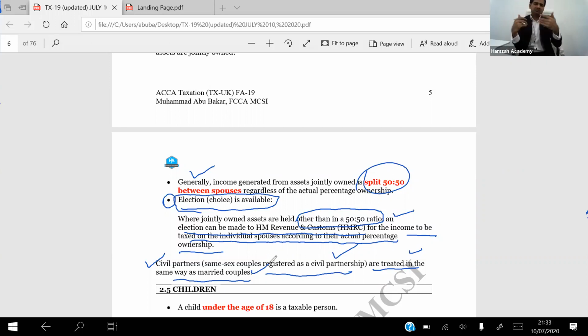They will tell HMRC, no, actually it's 70% mine, 30% hers. HMRC will divide the income derived from that asset with the same percentage. Simple.